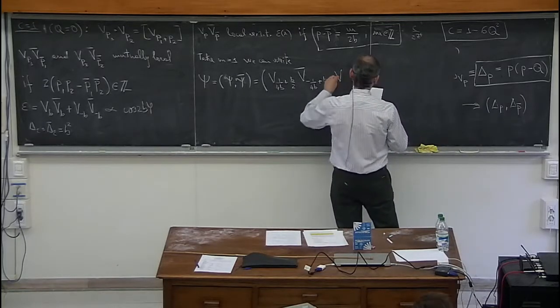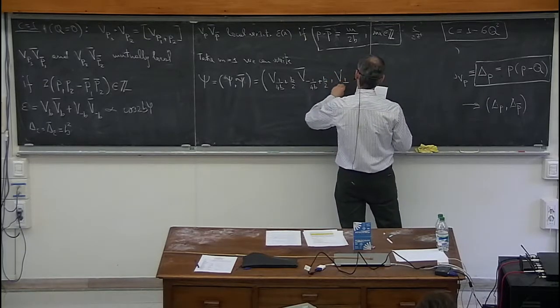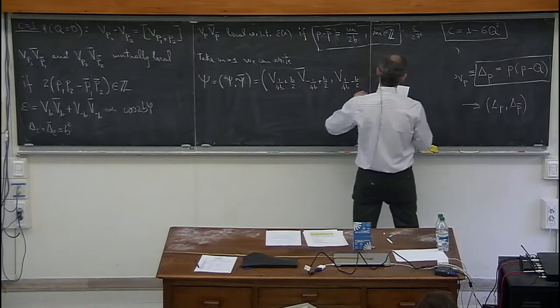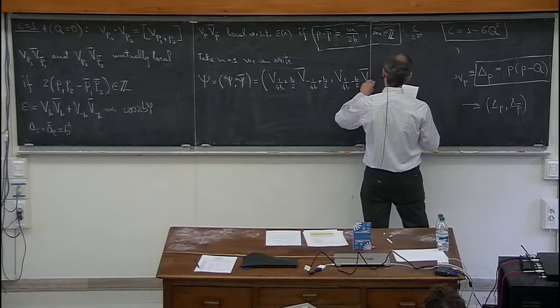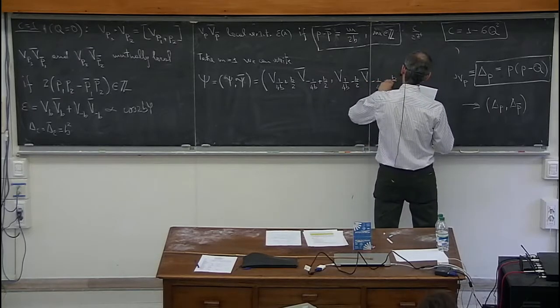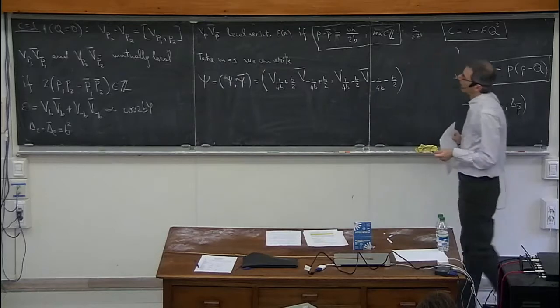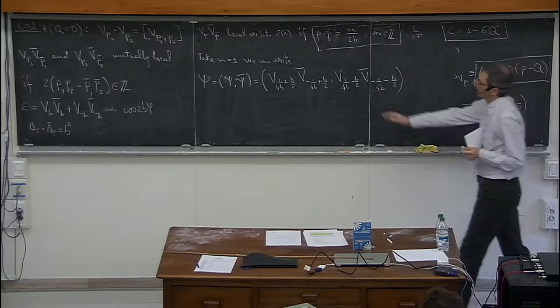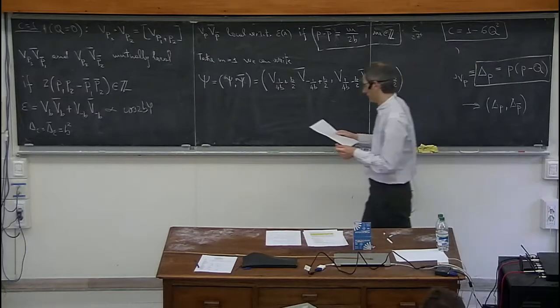And then V1 over V minus V over 2 V bar. So this object has m equal 1.